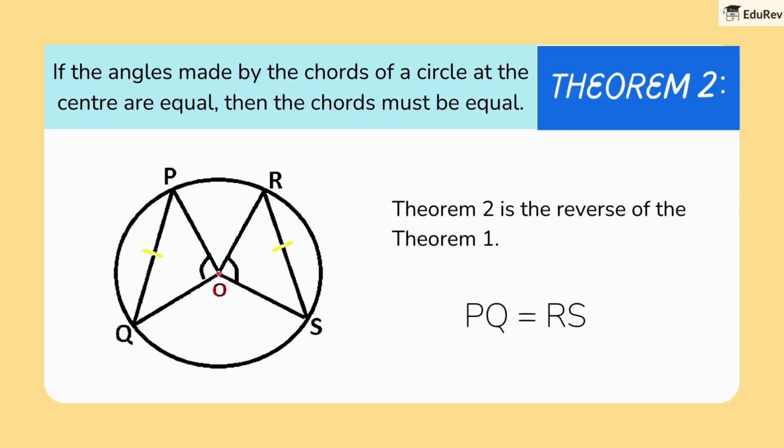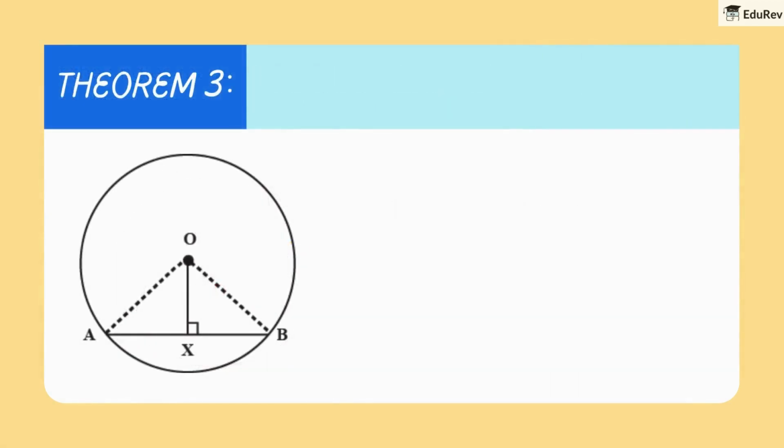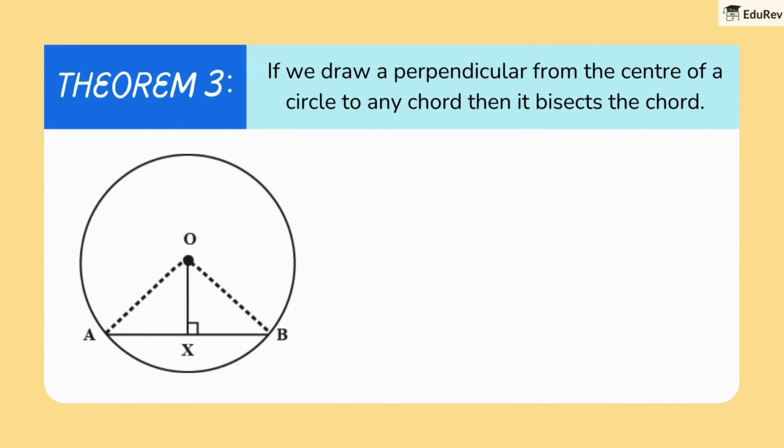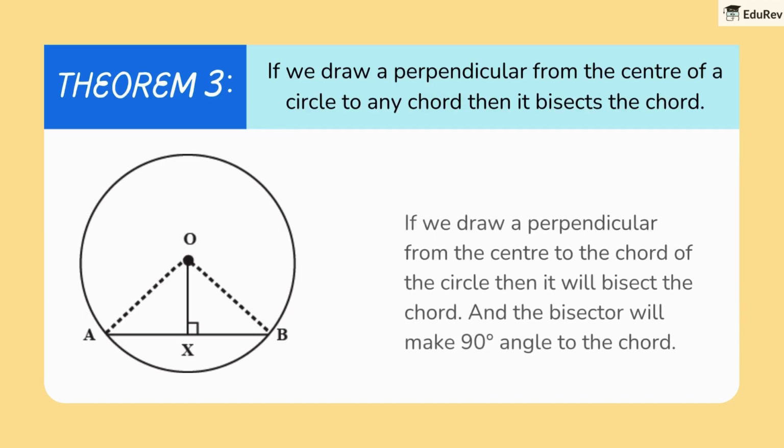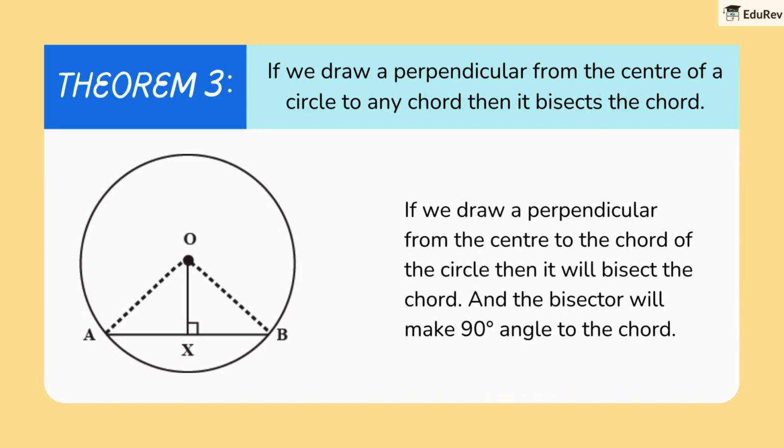PQ is equal to RS. Theorem 3. If we draw a perpendicular from the center of a circle to any chord, then it bisects the chord. If we draw a perpendicular from the center to the chord of the circle, then it will bisect the chord. And the bisector will make a 90 degree angle to the chord.